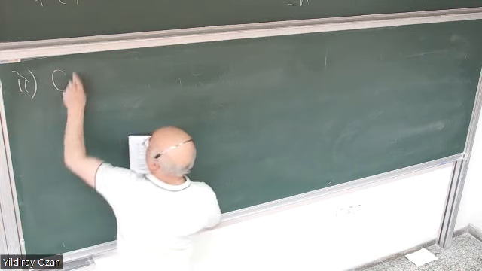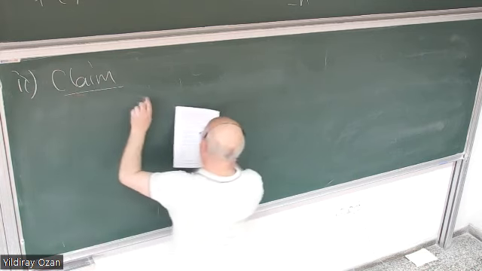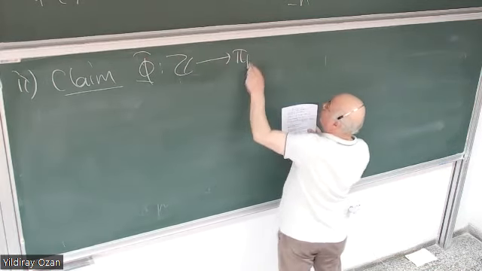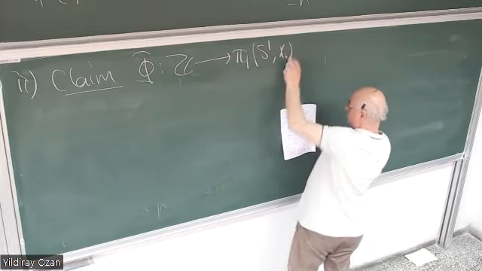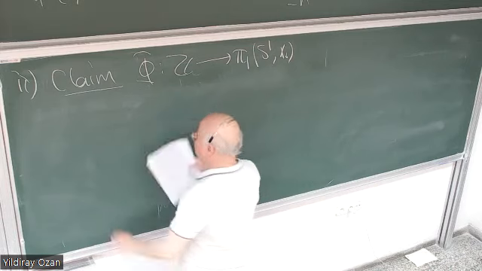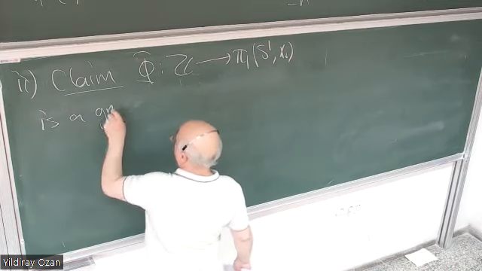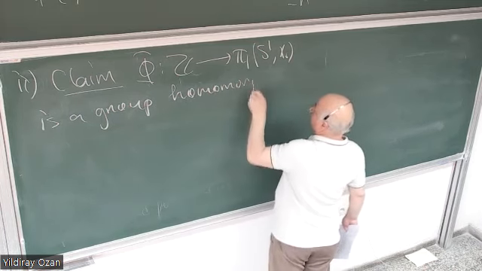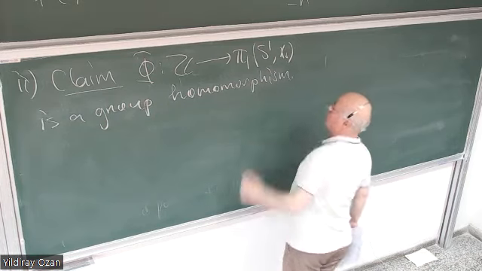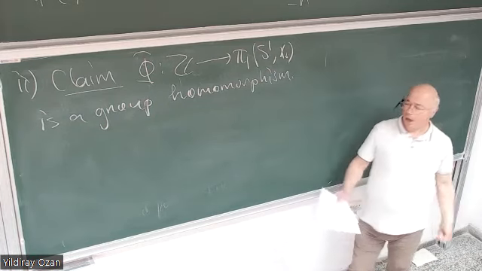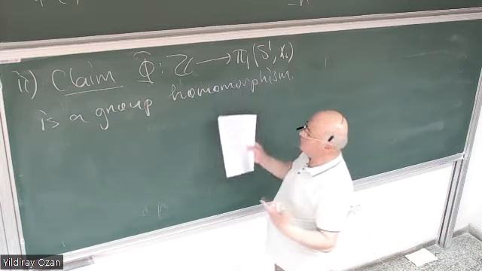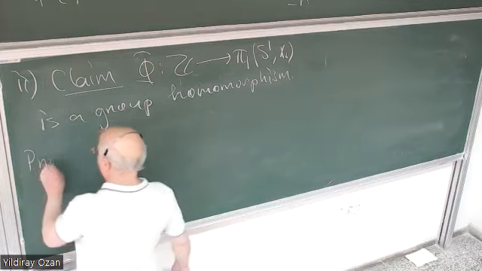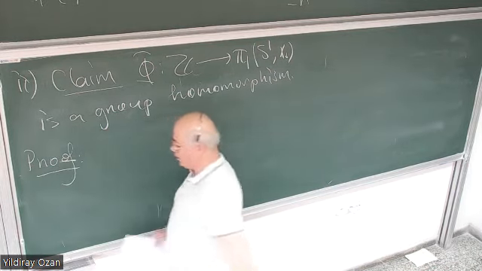Now the second claim is this function is a group homomorphism. Our final aim is to show that this is an isomorphism, but first we need to show that it's a homomorphism, of course, because it's not clear.